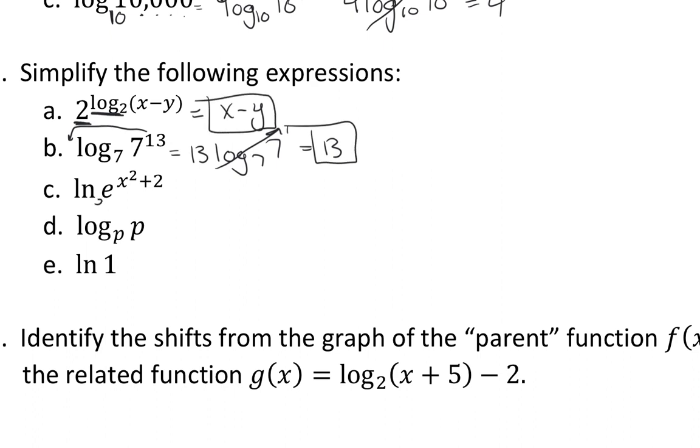This one, we have the natural log of e to the power, which these are inverse functions of each other, so they're going to reduce each other, and we're just going to be left with the inside function, so this should be equal to x squared plus 2.